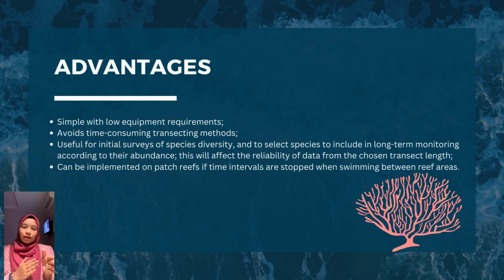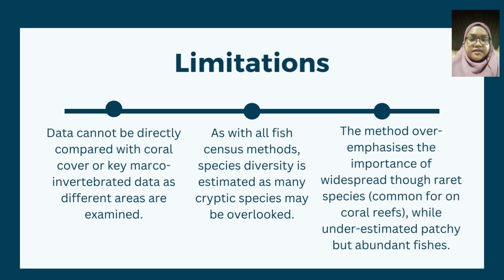Limitations: data cannot be directly compared with coral cover or key micro-interpreted data as different areas are examined. Secondly, as with all fish survey methods, species diversity is estimated as many cryptic species may be overlooked.